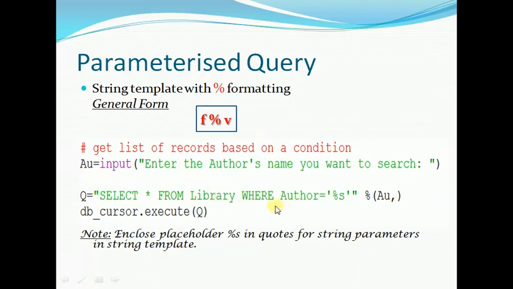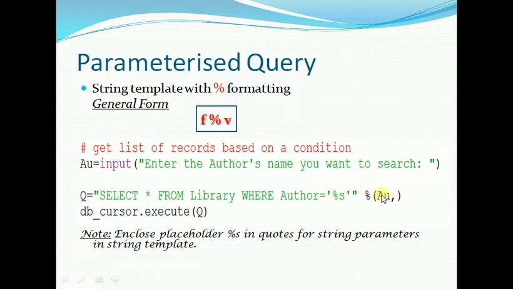Just by the where clause you can filter the records, but how can we give the value AU to this query? Look at this. Here I am giving a percentage S. Percentage S means it's the placeholder. After this percentage is the format string, and after the next percentage I am giving AU.